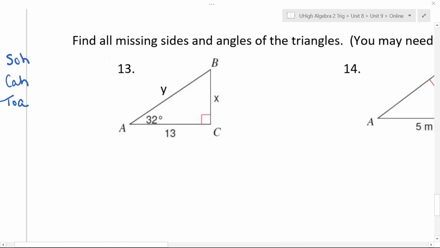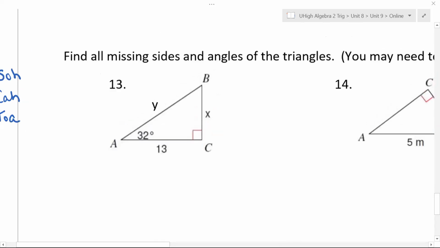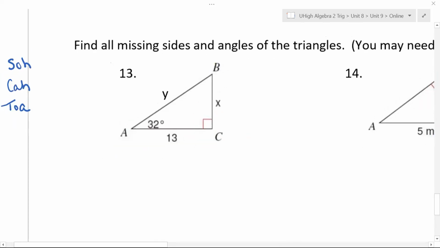Okay. So if I'm wanting to find all of the missing sides and all of the missing angles, I'm going to try to find, okay, so what is the measure of angle B? What is X? And what is Y?